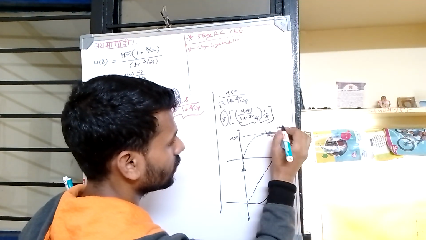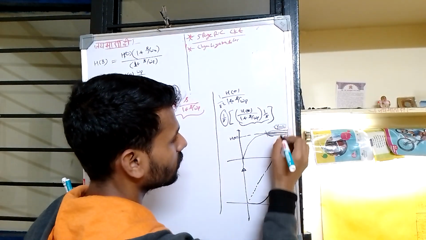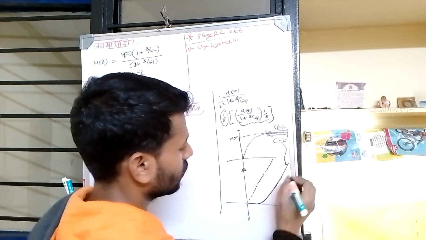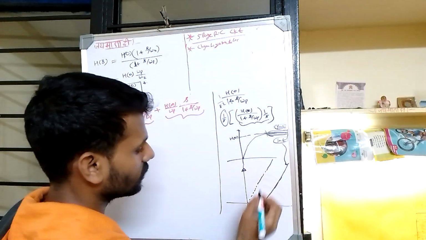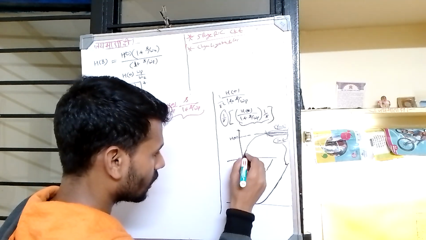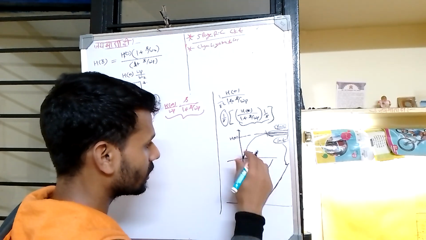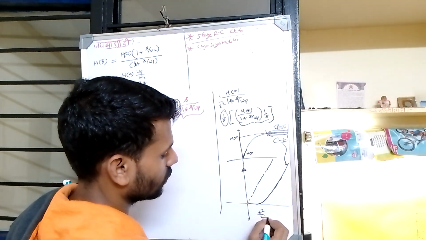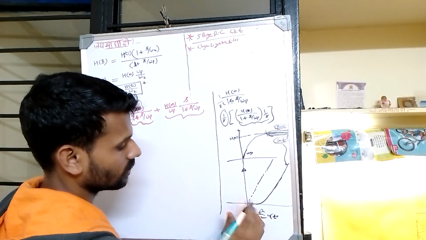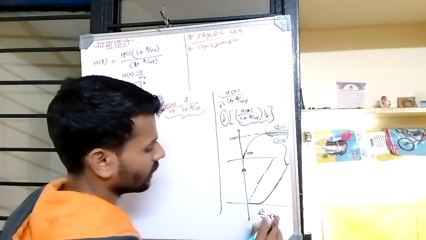For a constant, what will be the integration? K into t. So this is nothing but k into t at infinity, and for t equal to 0, this is 0, and for very small t, this is the ramp signal. If you integrate the ramp, you will get t square by 2, means u of t. So if you integrate the ramp, then you will get a parabola. So this looks like a parabola.